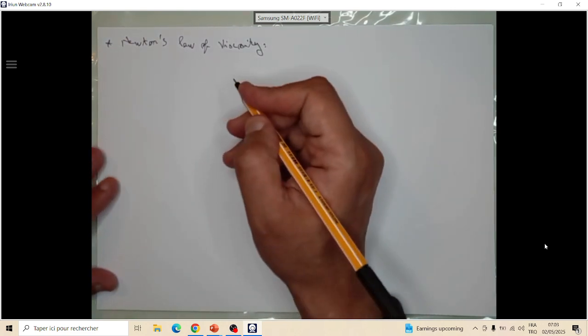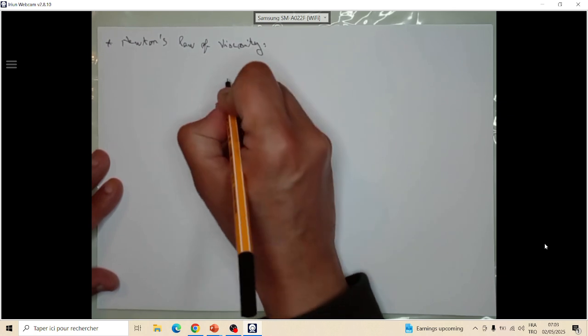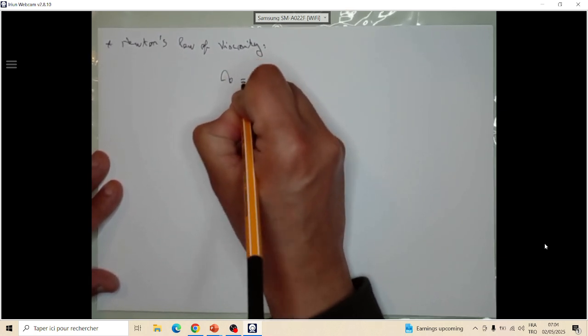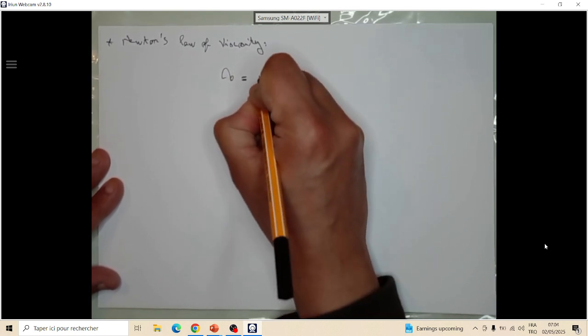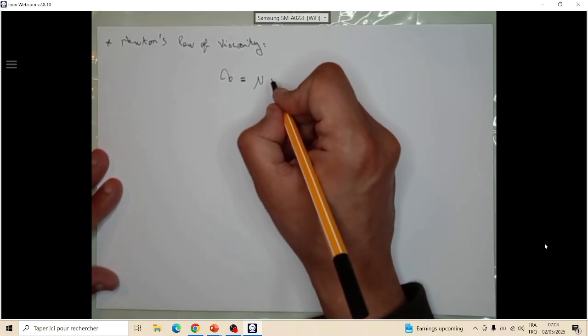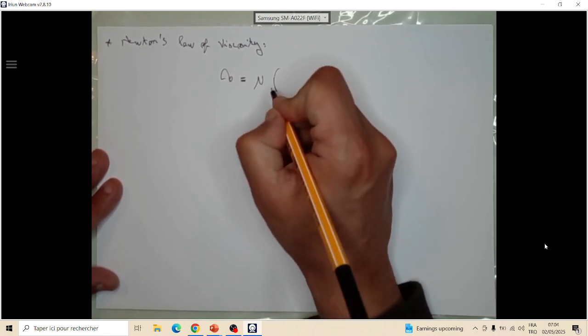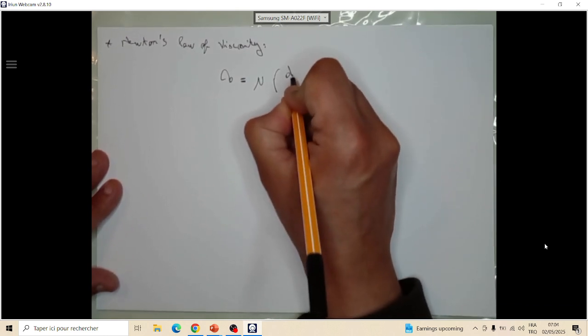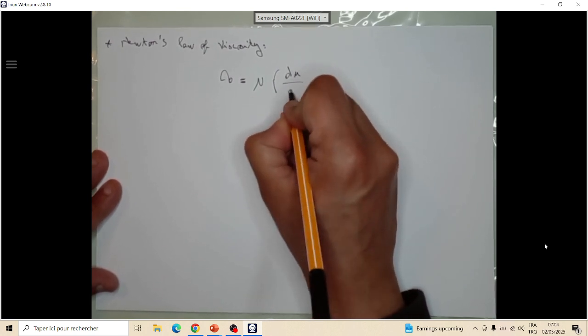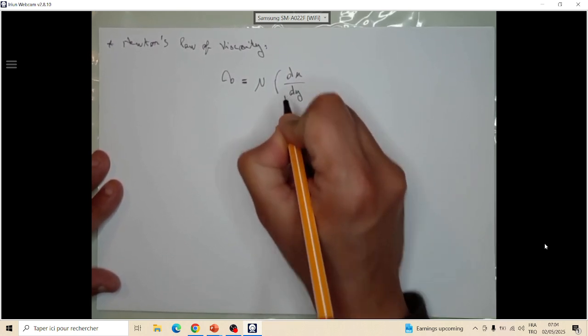It says that tau, which is the shear stress, is equal to mu times du over dy. Here du is velocity, and dy is the ordinate.